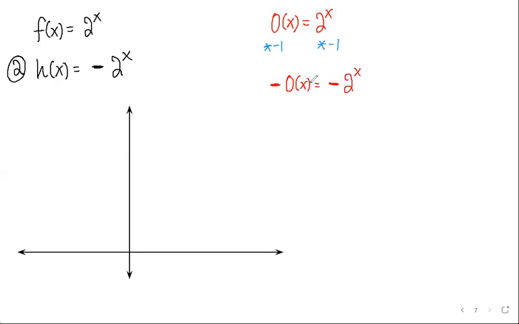Here minus 2 to the x gives me h of x. So to graph this function, I graph the original function, then multiply by negative outside the function. This means we reflect it around the x-axis because the minus is outside the function.